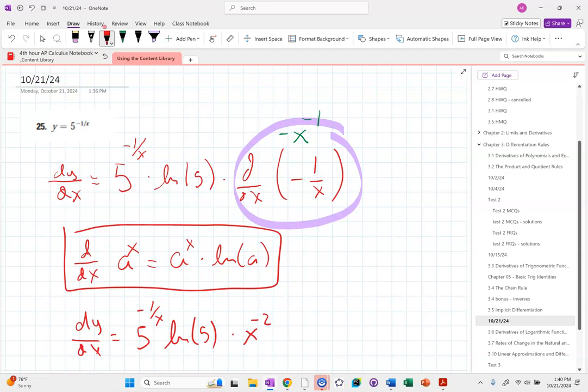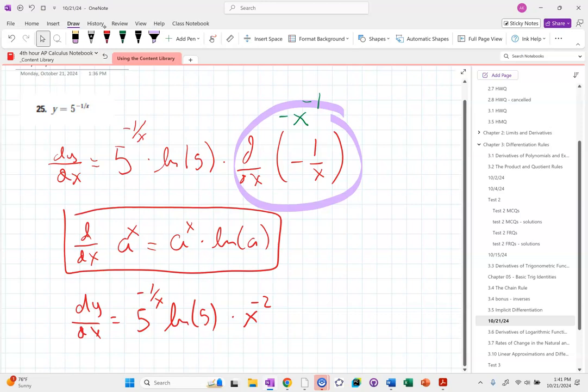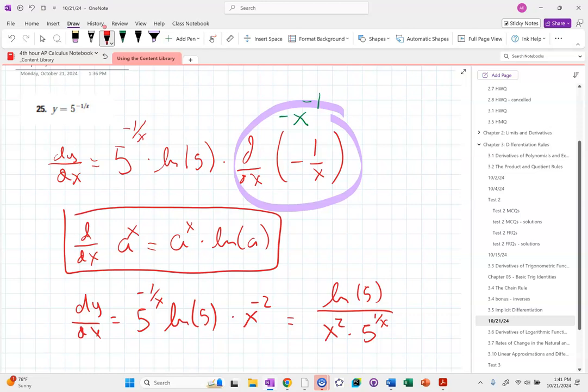The negative 1 canceled the negative sign. And you could stop here. This would be fine. Or you could write it without negative exponents. That'd be okay. Either one. Feel good? Okay.